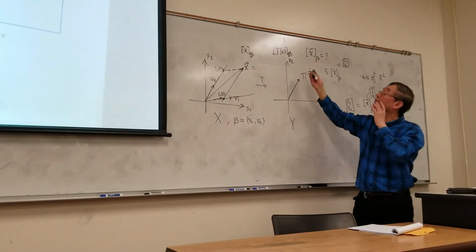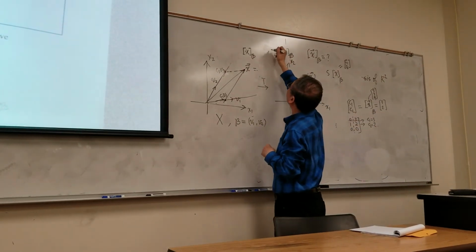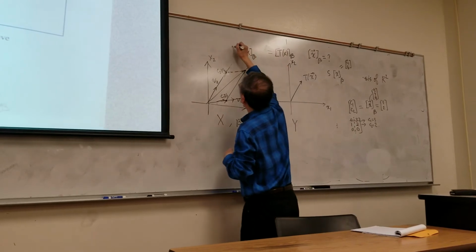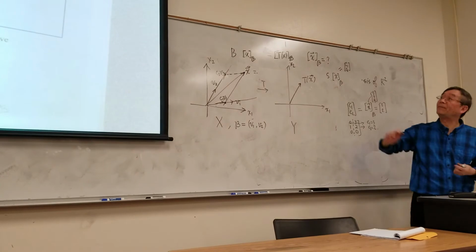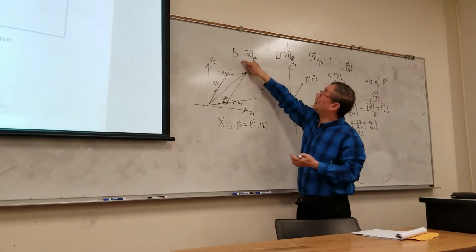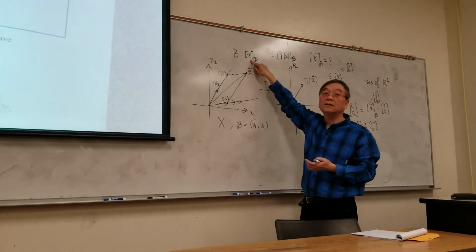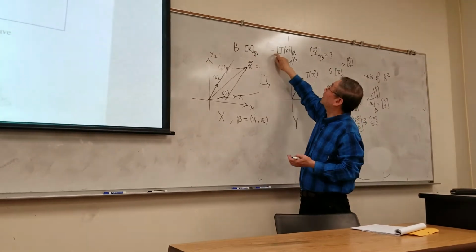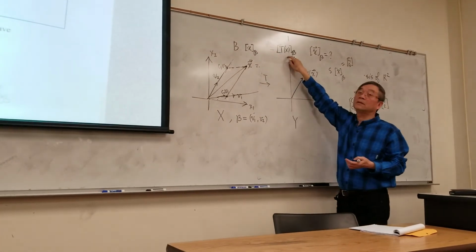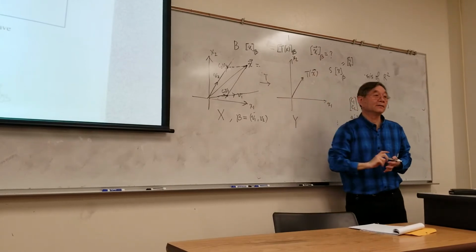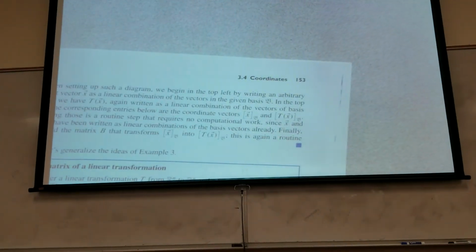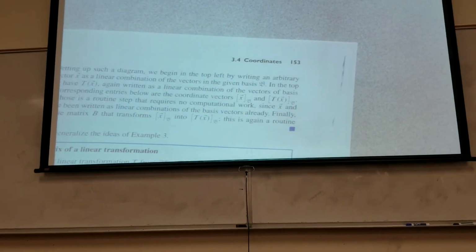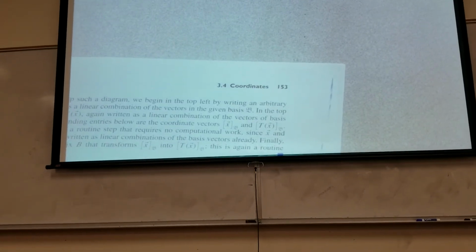So now we want to find the matrix B. B times the coordinate of x should be equal to the coordinate of Tx. So that is the B we are looking for. So this is called the matrix of a linear transformation. So this is linear.